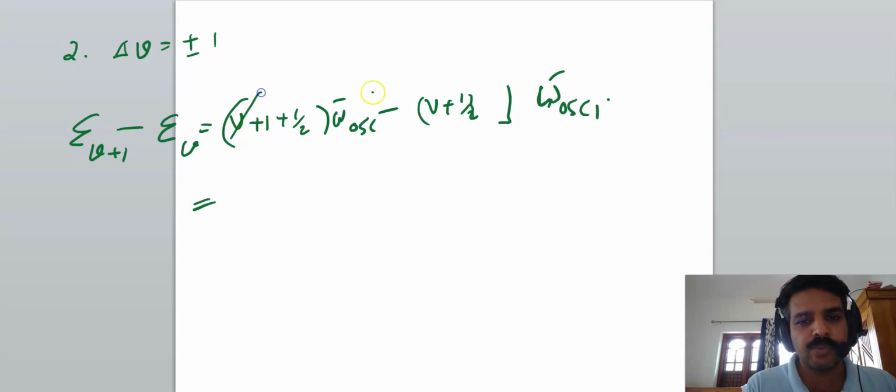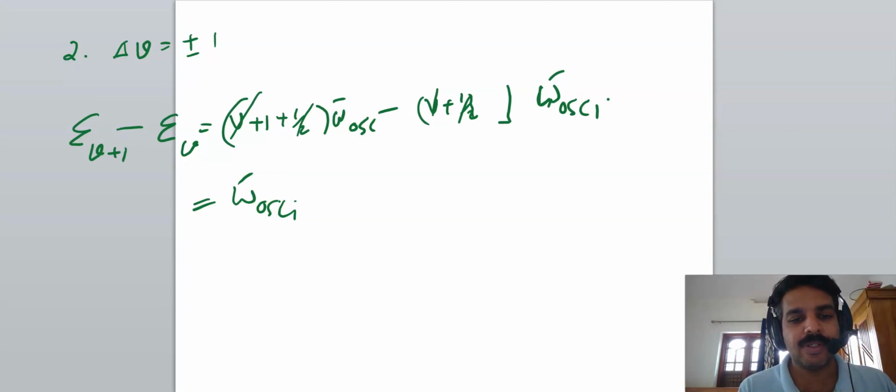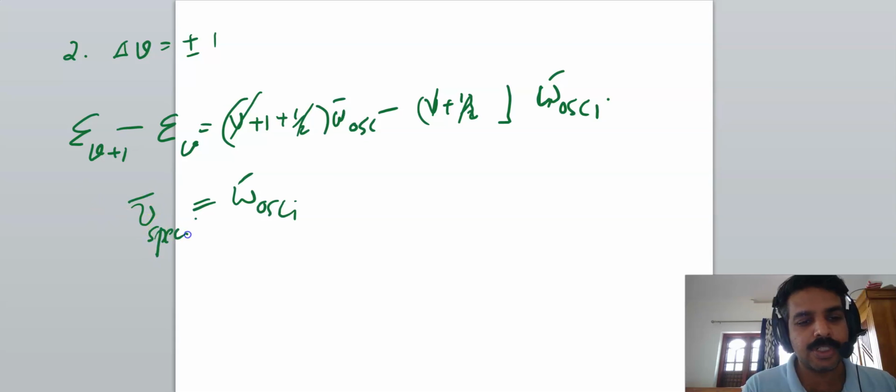V is cancelled, half is cancelled. Therefore, on solving, we get omega bar oscillation. That means the transition to the next higher level has frequency nu bar of spectroscopic transition equal to omega bar oscillation.